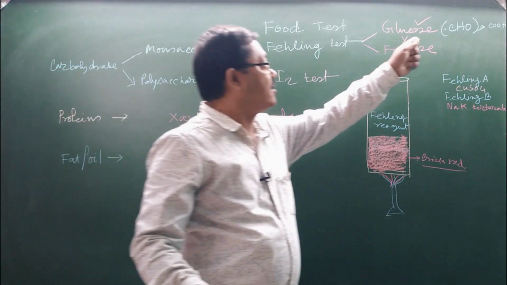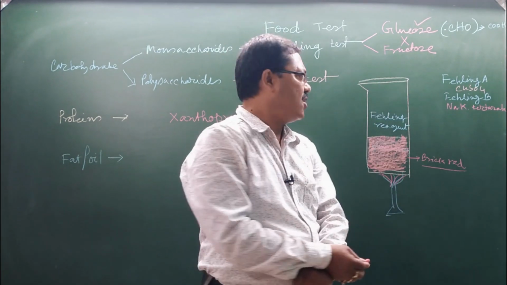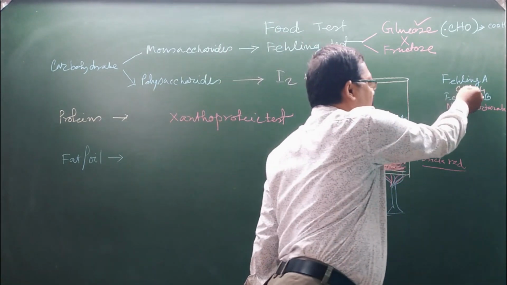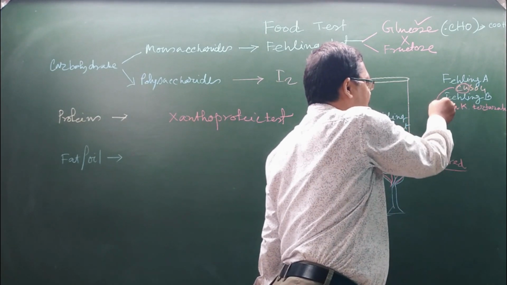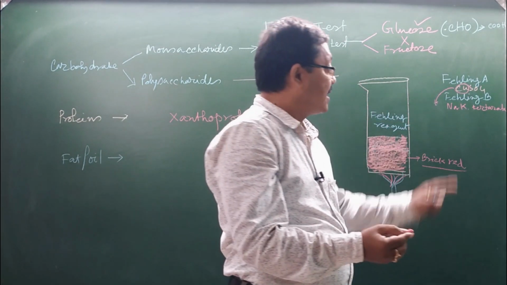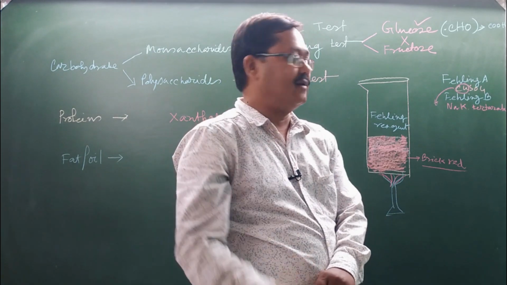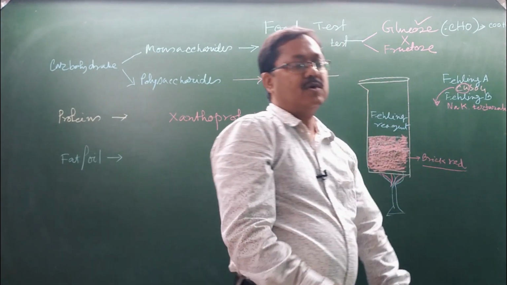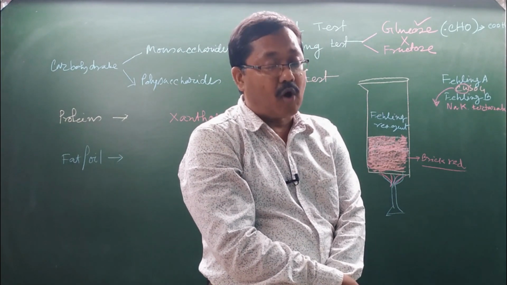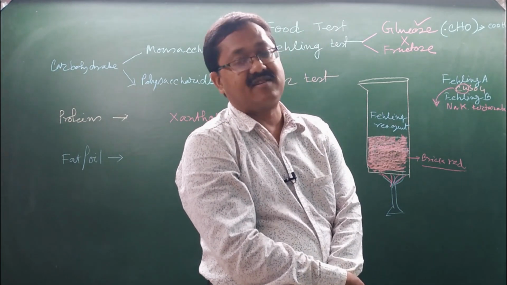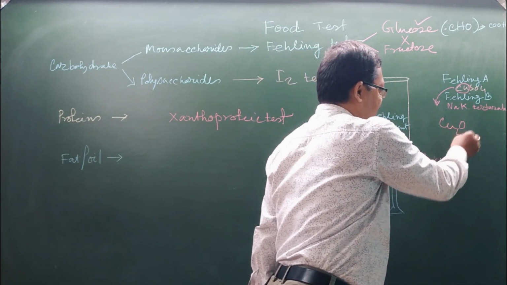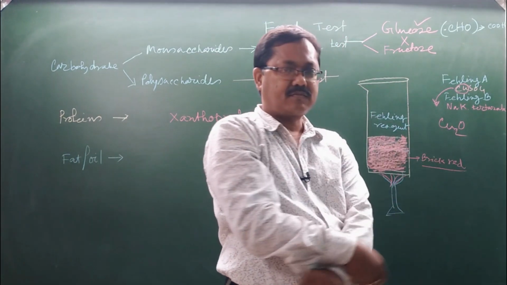Here, the aldehyde group is converted into acid. What happened in the initial stage? In Fehling solution, the copper ion provides the blue color. But after reaction on heating, the copper ion makes a copper salt of tartarate, and a copper oxide is produced.